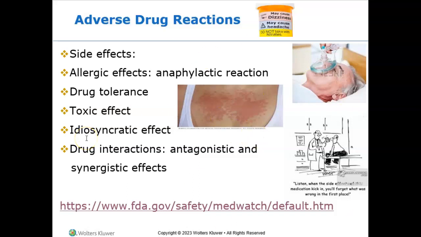Toxic effects: maybe you are taking too high of a dose, or maybe your drug is affecting your kidneys or your liver. One thing we as medical professionals always have to keep an eye on is that our drugs are metabolized by the liver and the kidneys the most. The liver usually metabolizes it, and then the kidneys are how we eliminate the medication.